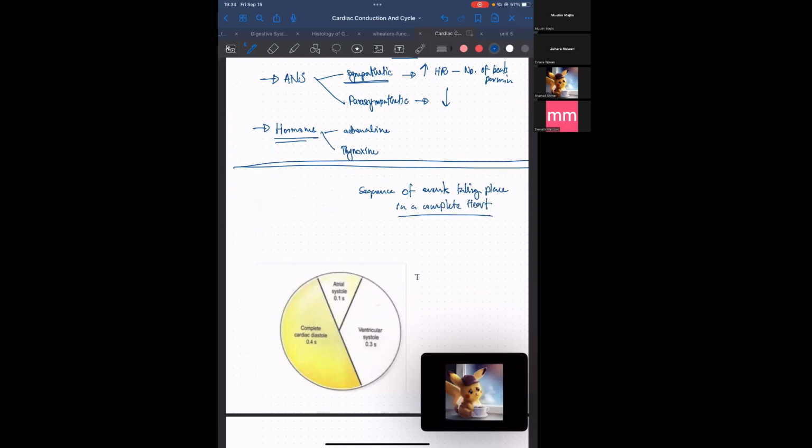The sequence of events that takes place in a complete heartbeat is called the cardiac cycle. Where else do you come across cycles? In cell division, it is the sequence of events that takes place from one end of cell division to the beginning of the next. I can't remember.